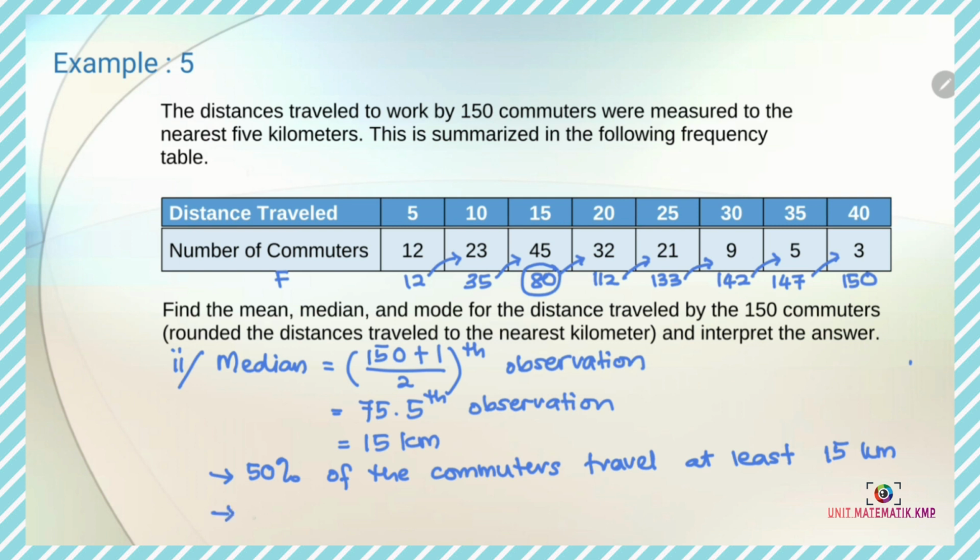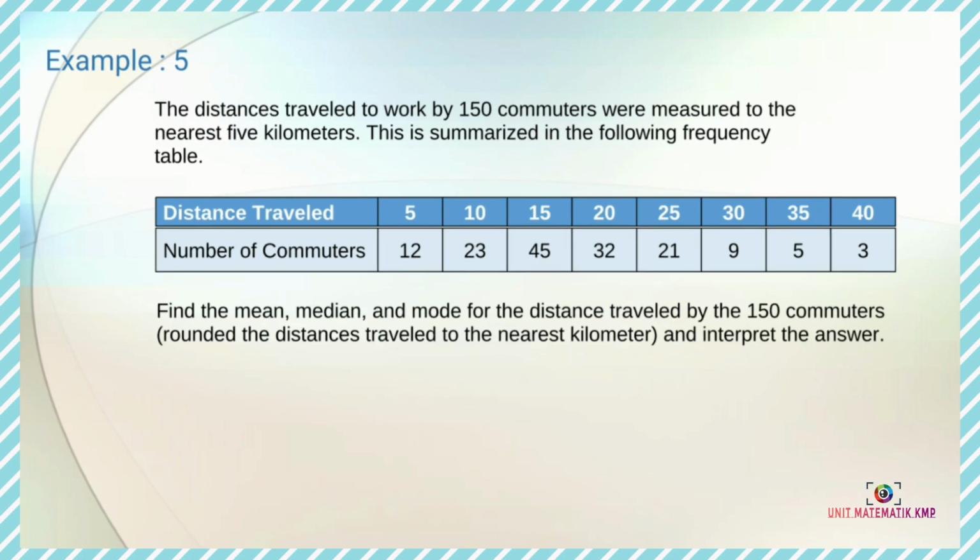Or you also can write 50% of the commuters travel at most 15 kilometers. Here you can choose either one of the interpretations.